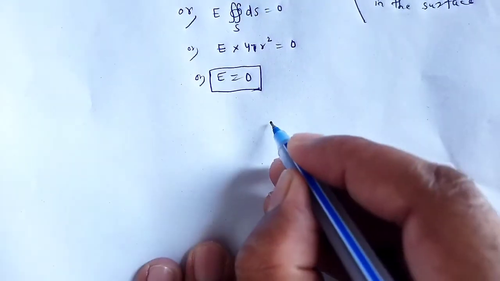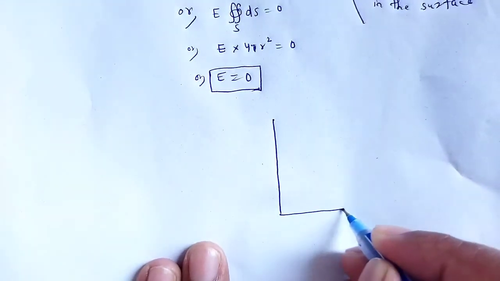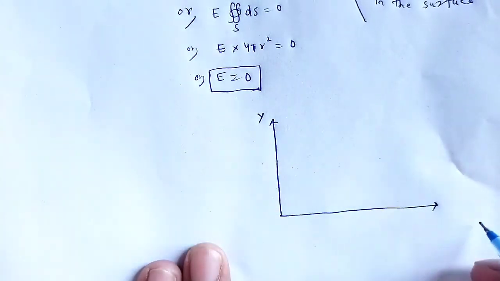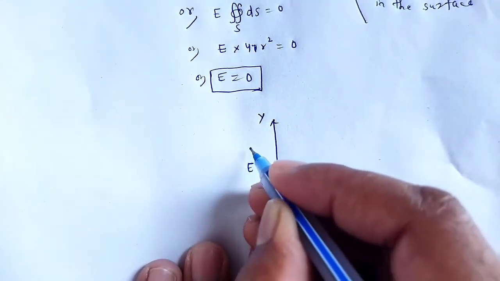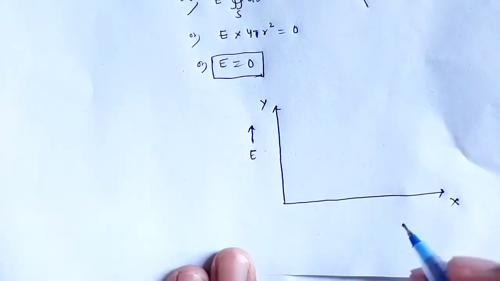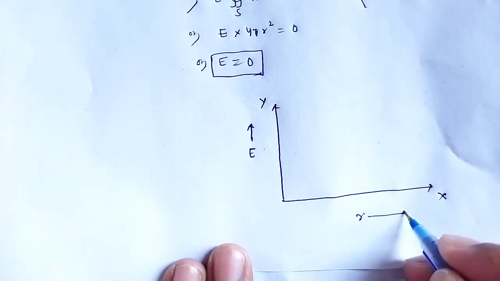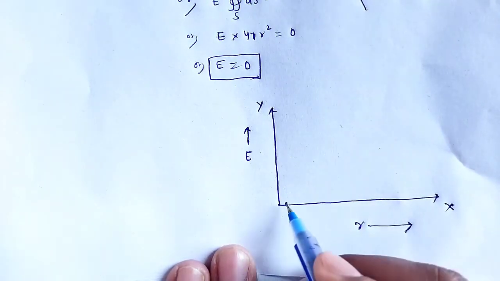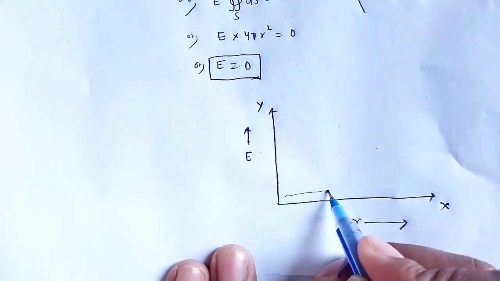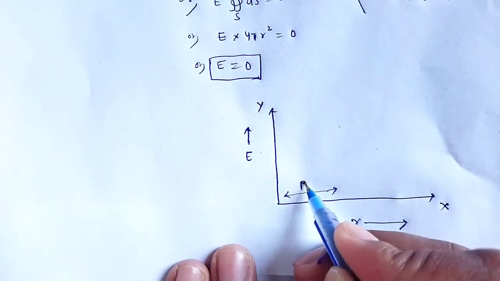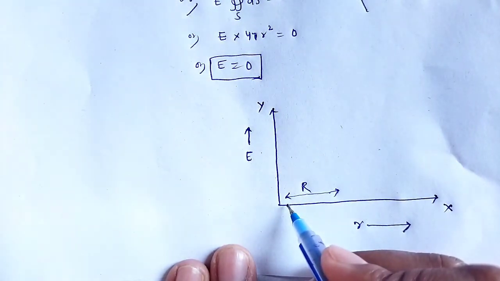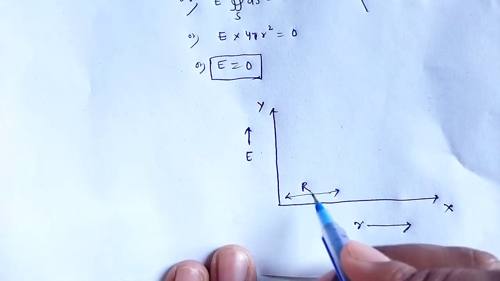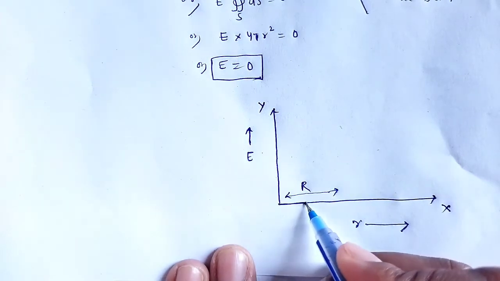If we draw the graph between electric field intensity along the y axis and distance along the x direction, what happens here? At distances within capital R, meaning the point lies within the spherical shell, the electric field intensity will be 0.